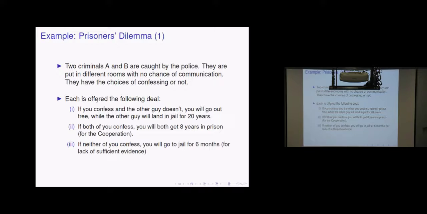Now the second possibility is both of you confess, and then both of you get like 8 years in prison. Now if neither of you confesses, you will go to jail for 6 months for lack of evidence. Well, this is just an artificial example, right?